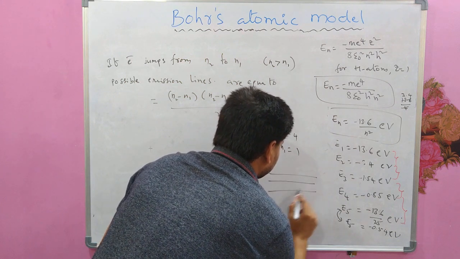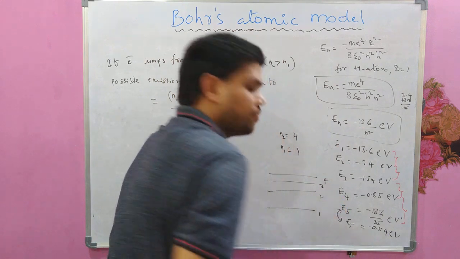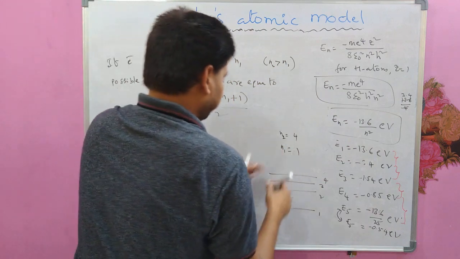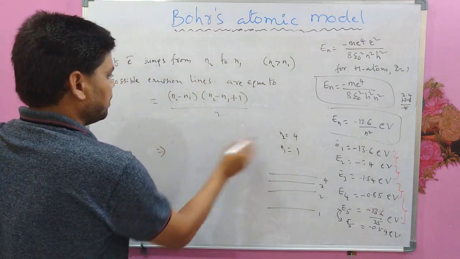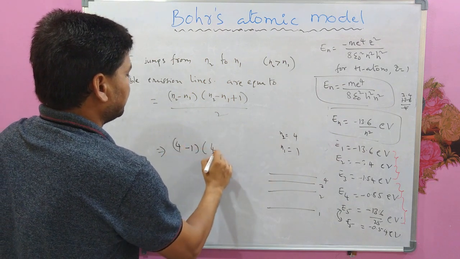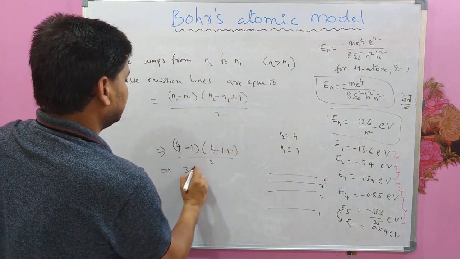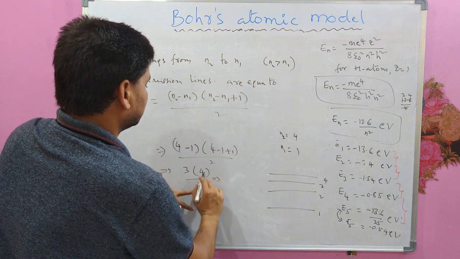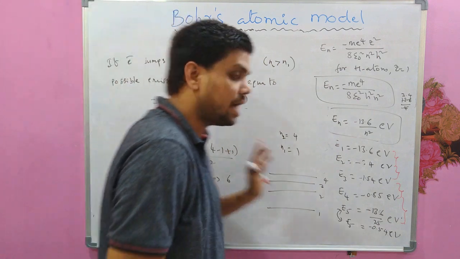You can say 1, 2, 3, 4. Okay. So now, if N2 is 4 and N1 is 1, what do you get here for this formula? 4 minus 1 into 4 minus 1 plus 1 by 2, which means 3 into 4 by 2, which means 6 emission lines are possible.